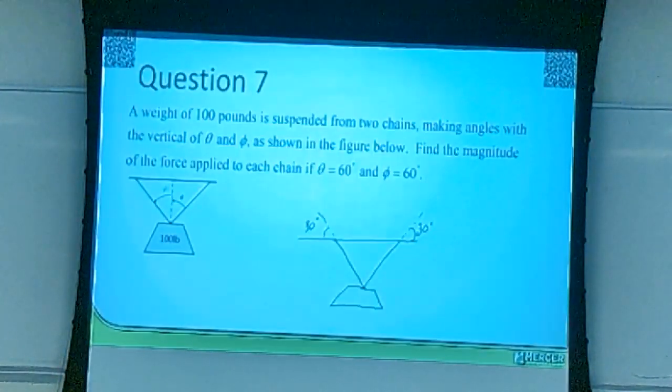So I want those 2 angles, actually. I'll just draw that as an imaginary y-axis.